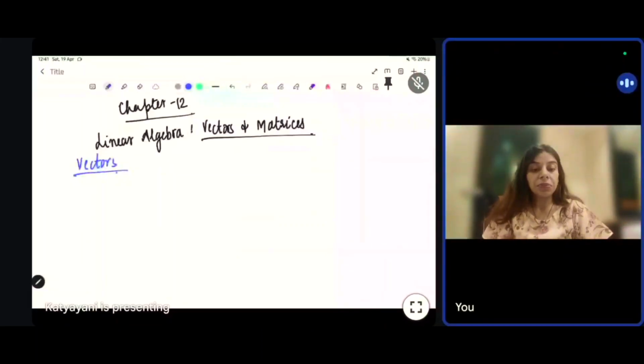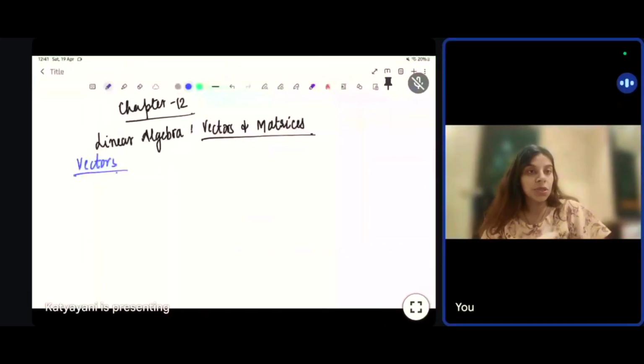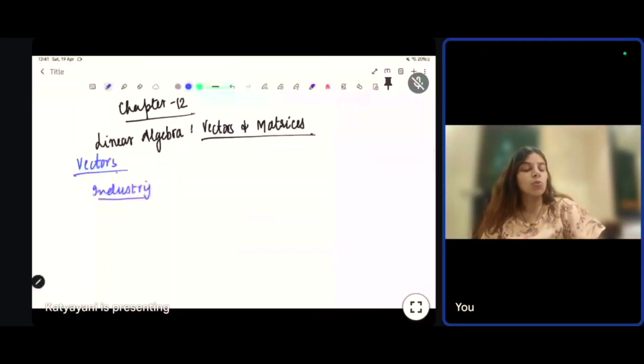So vectors are, suppose you have an industry in which you're producing different types of outputs, right? So you have some industry जिसमें आप अलग-अलग type के outputs बनाते हैं. Suppose different products बनाते हैं V1, V2, V3 and so on till Vn, right? तो आप n products बनाते हैं.